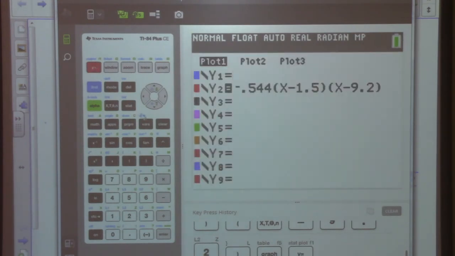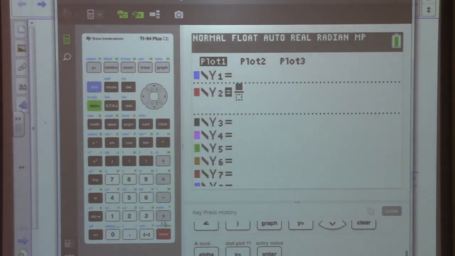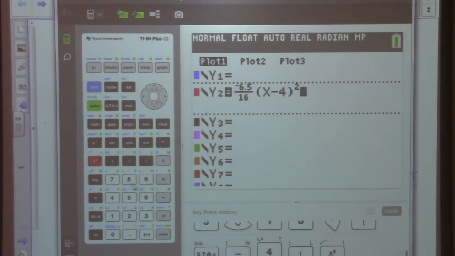So I go here, negative 6.5 over 16. We're going to have x minus, was it 4, squared plus 8.5.